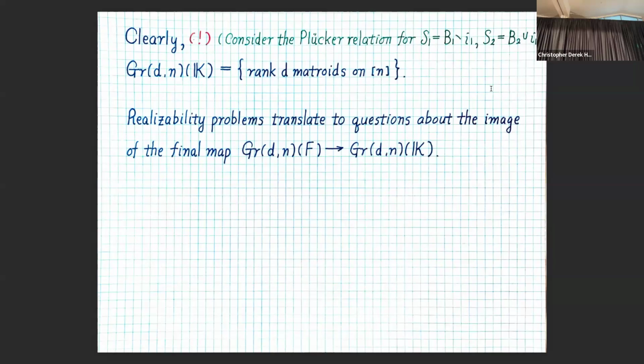So one observation here is that clearly, if you think about what Plücker relations actually are, the Grassmannian GR(d,n) of the final possible hyperfield points are exactly rank d matroids on n. Just consider what Plücker relation says, and consider what Krasner hyperfield is.